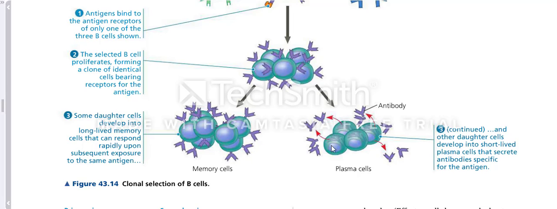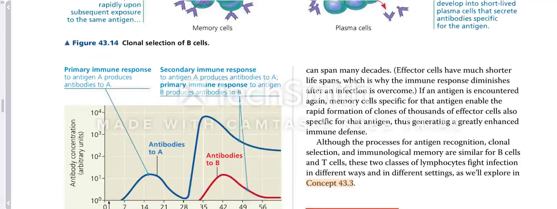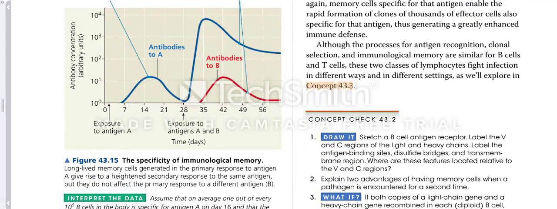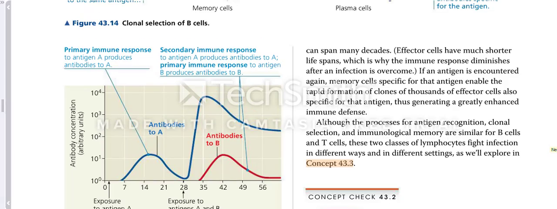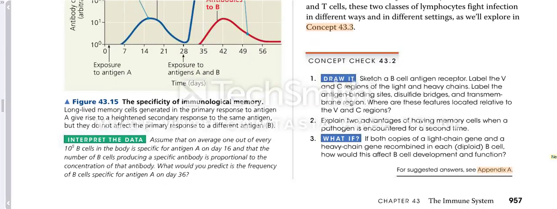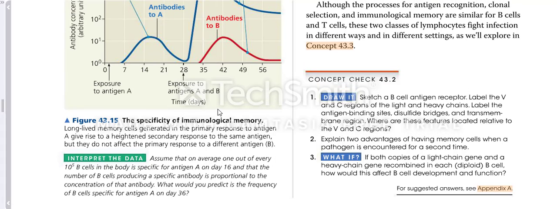Plasma cells differentiate and produce antibodies. And down here in figure 43.15, specificity to immunological memory.